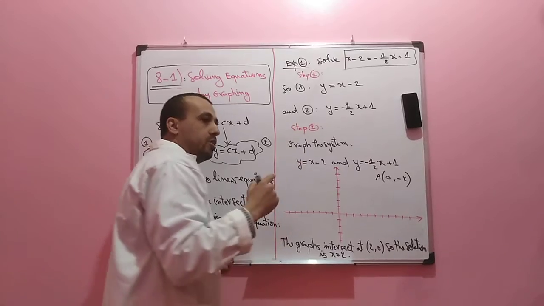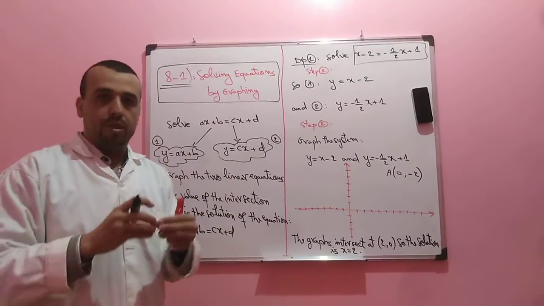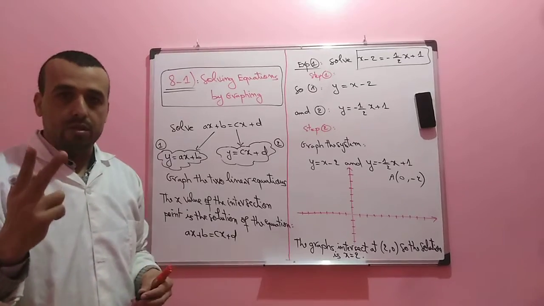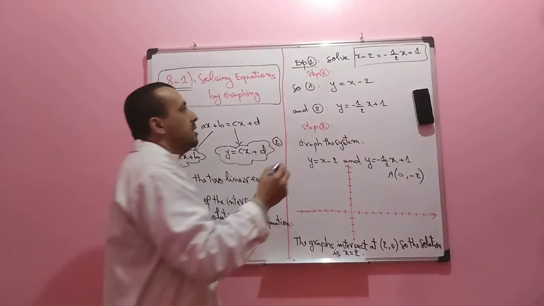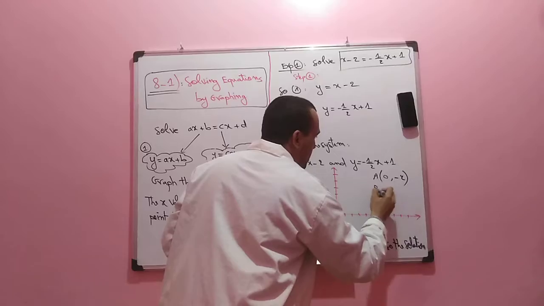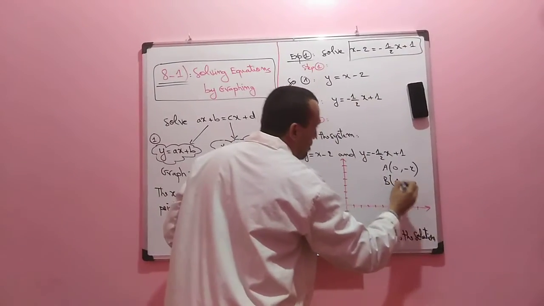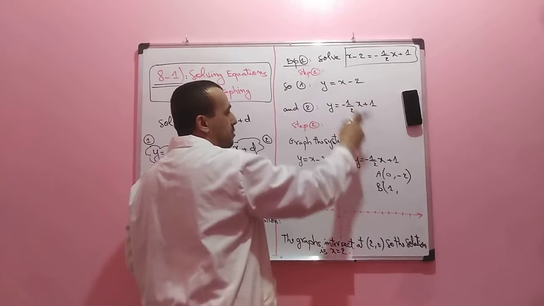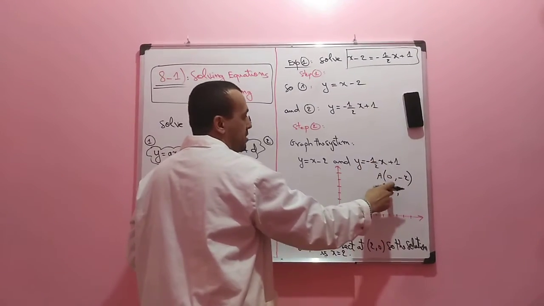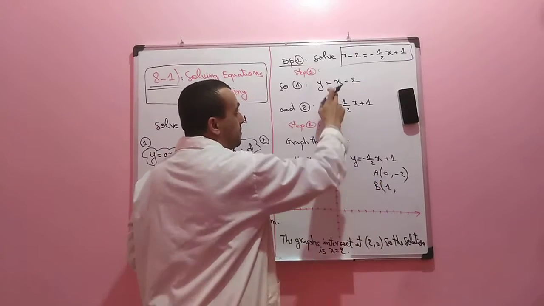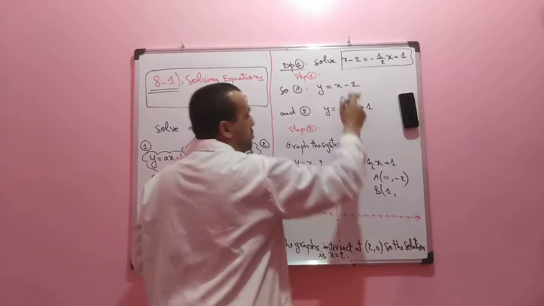And we choose another point, because to draw a straight line we need at least two points. The second point will be B. We choose, for example, x equals 1. This is a random choice. So y will be 1 minus 2, which is minus 1.